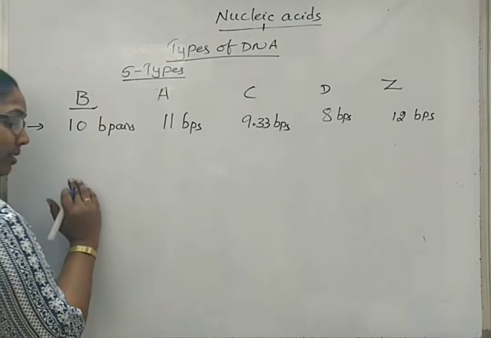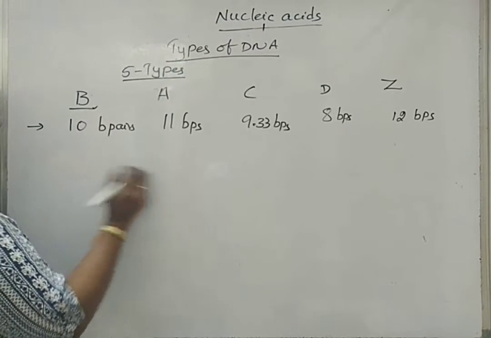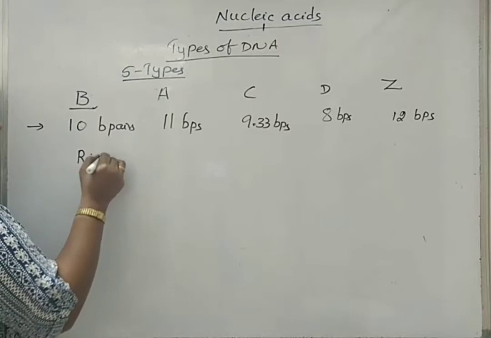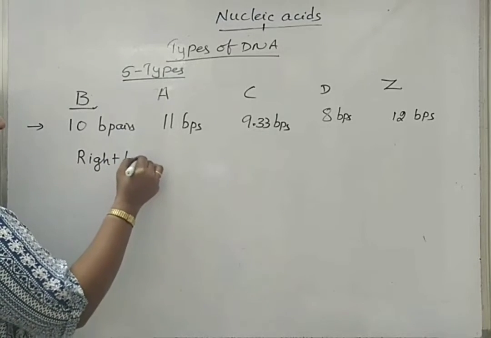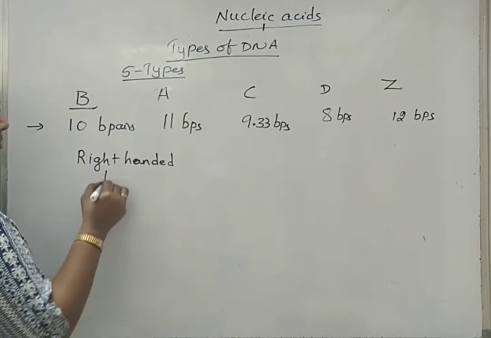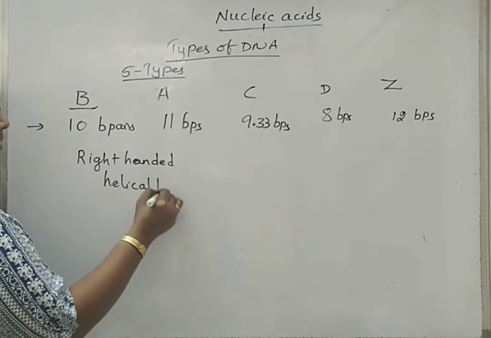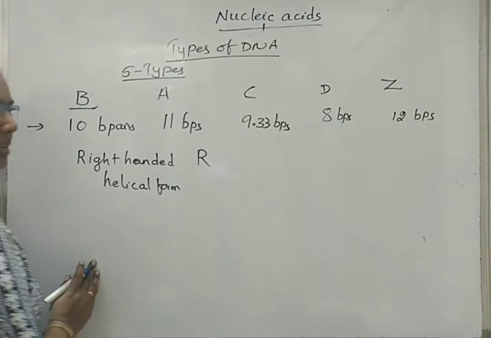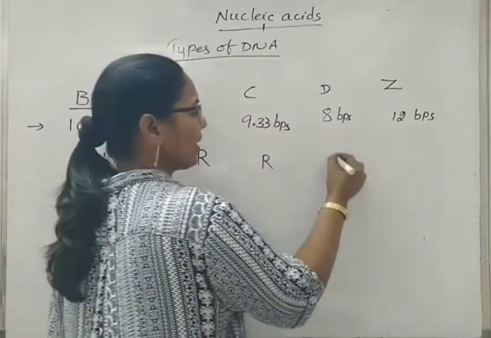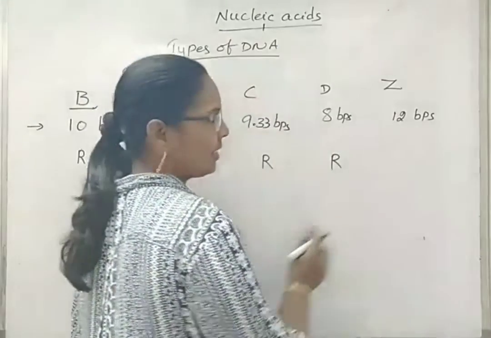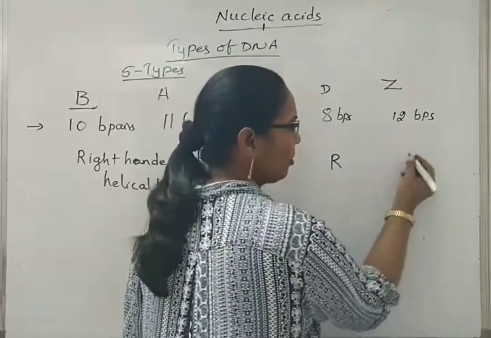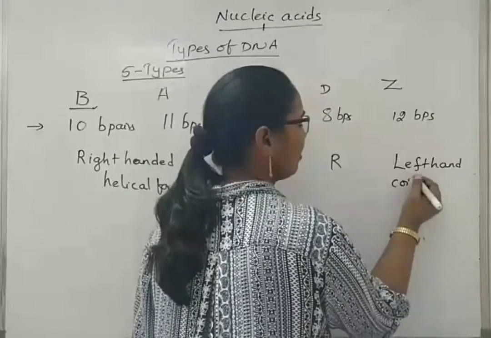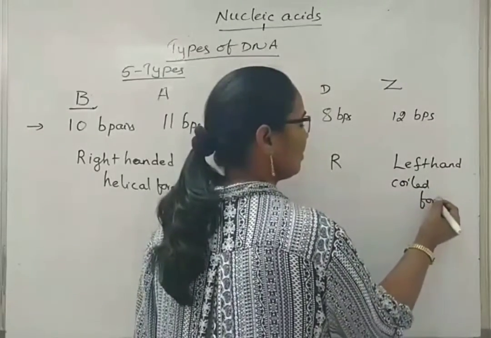Then the direction of coiling of all these types of strands. B DNA is said to be a right-handed helical form. A-DNA is also considered right-handed helical form. C-DNA is also right-handed. D-DNA is also right-handed. But Z-DNA is considered to be a left-handed coiled form.